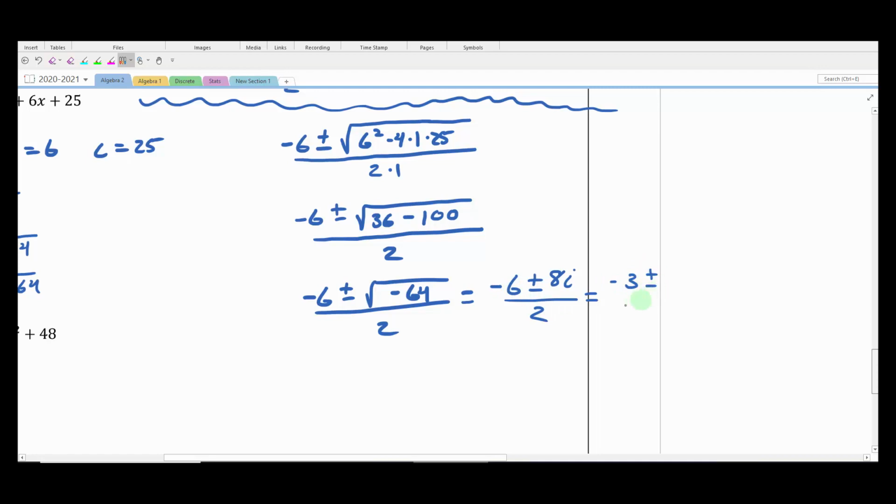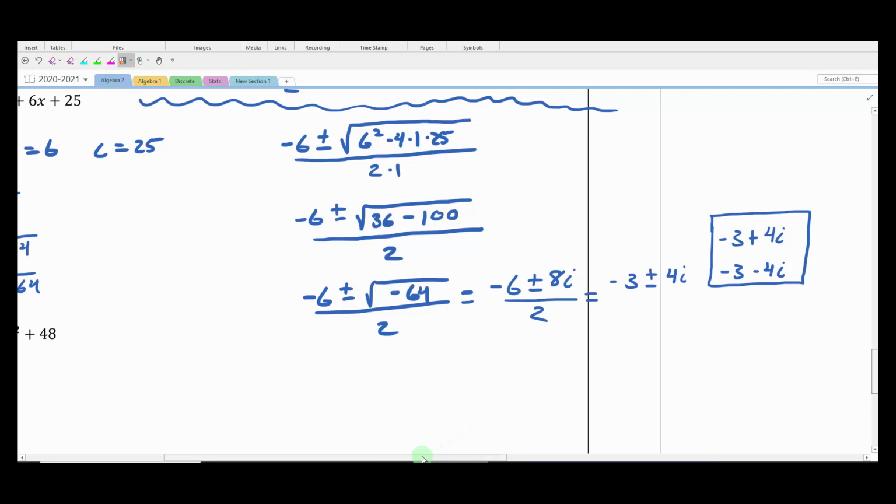And I've got my plus or minus. And then 8 divided by 2 is 4, so we're going to say 4i. Okay, so there's my two roots. I just have to split them up, right? So we're going to have negative 3 plus 4i, and we're going to have negative 3 minus 4i. And those are my two roots.